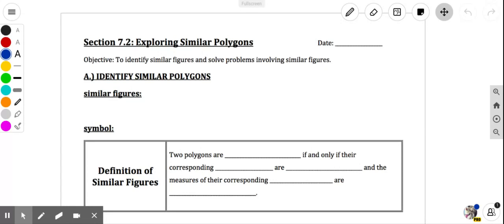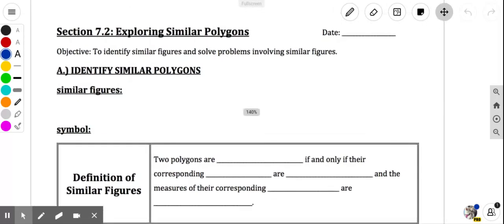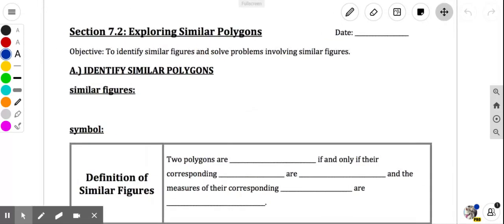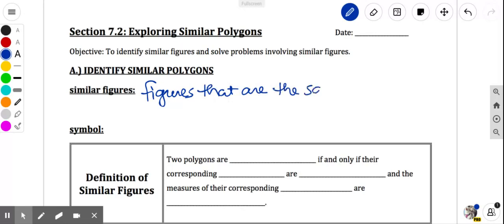So basically what similar figures are, in regular terms, is figures that are the same shape but different sizes. So one could be like a bigger version of the other. So figures that are the same shape but different sizes.